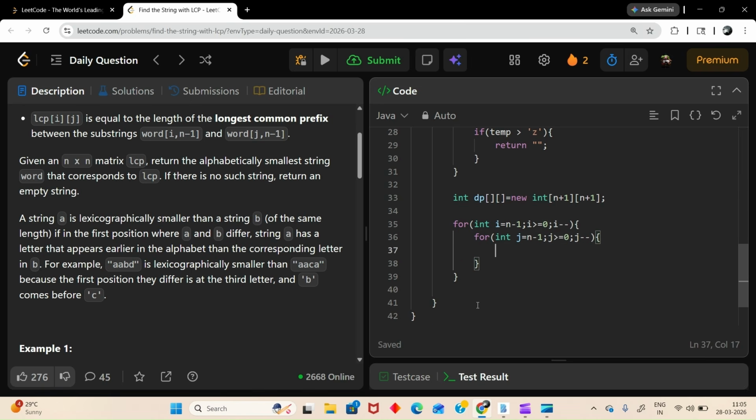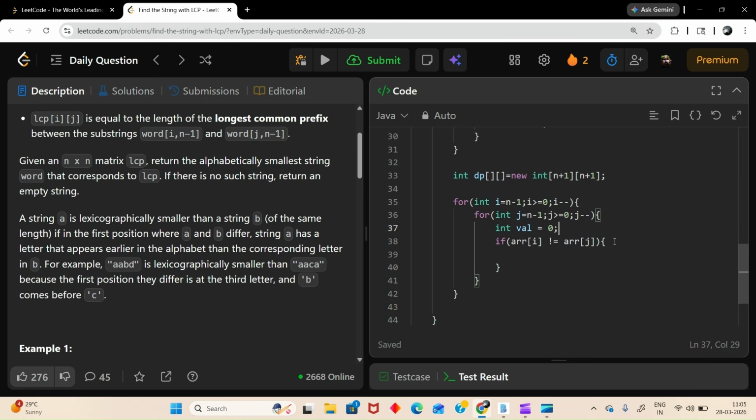Here, if my ARR of i is not equal to ARR of j, then let's take an int value.